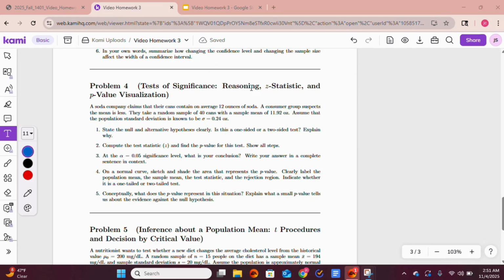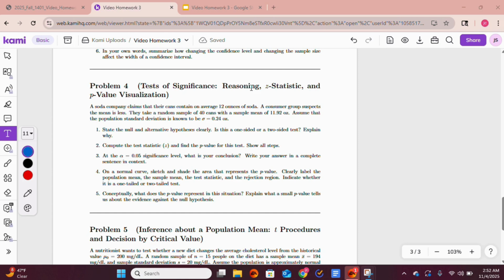Moving on to problem 4, it tells us the soda company claims that their cans contain, on average, 12 ounces of soda. The consumer group suspects the mean is less. They take a random sample of 40 cans with a sample mean of 11.92 ounces. Assume that the population standard deviation is known to be 0.24 ounces.